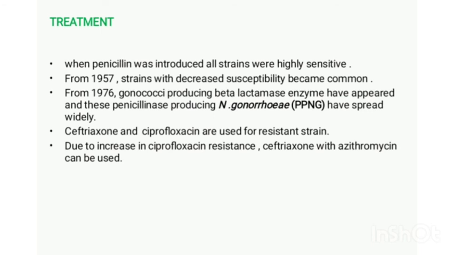And some strains also became resistant towards ciprofloxacin. So, instead of ciprofloxacin, we use azithromycin or doxycycline. Okay, so now azithromycin or doxycycline with ceftriaxone are the drugs of choice used for the treatment of gonococcal infection.